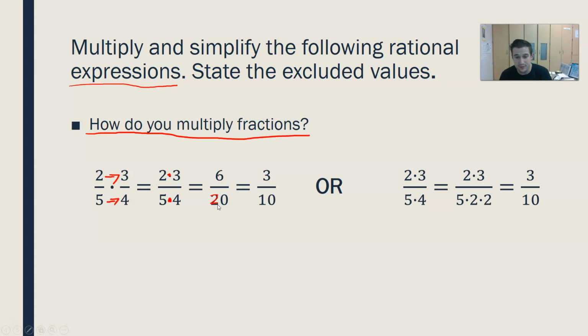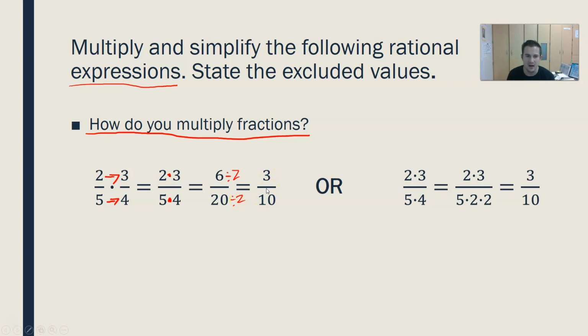So I get 6/20ths, and then I reflect back to our last lesson and simplify that fraction, because I can divide the top and the bottom by 2. 6 divided by 2 is 3. 20 divided by 2 is 10.